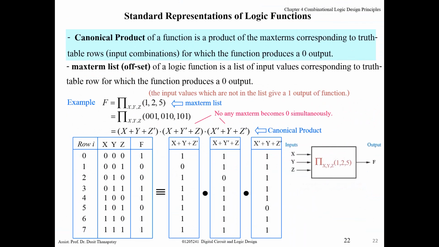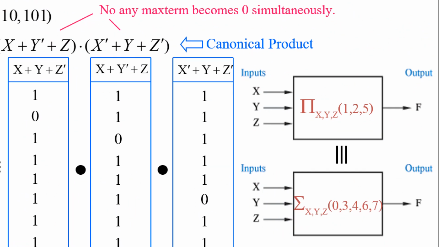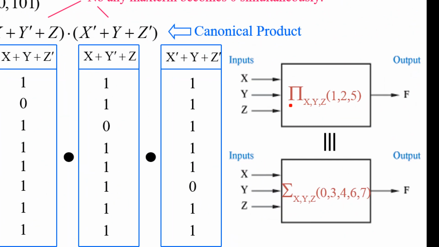Now, if you consider this one, for the same system, this function will be 0 in only one case. When? When the input value is 1, 2, and 5, right? But there are 3 input variables.